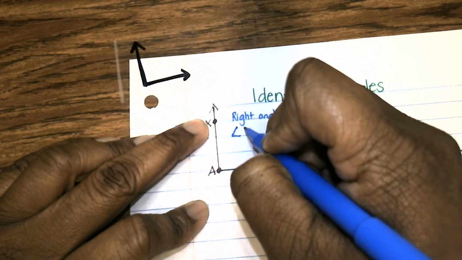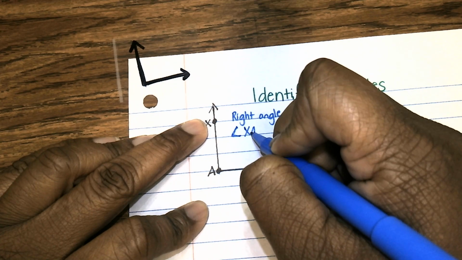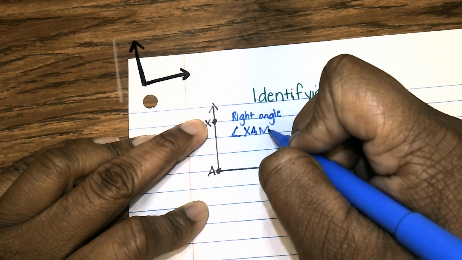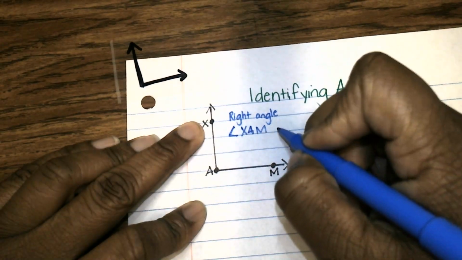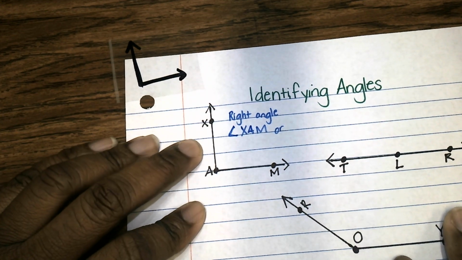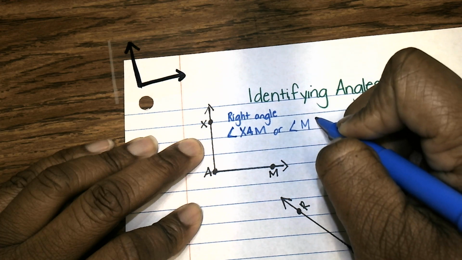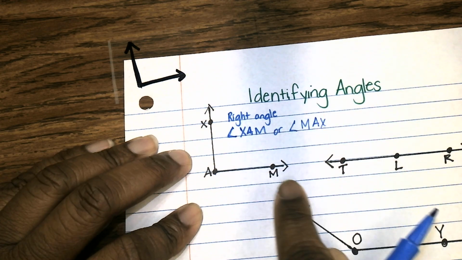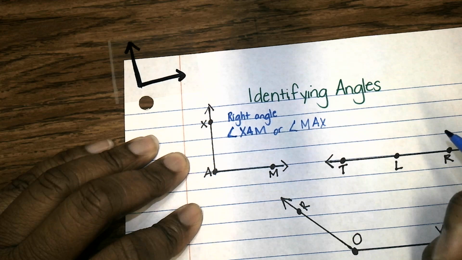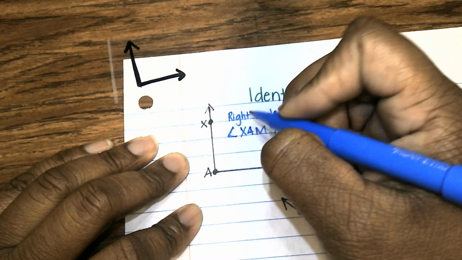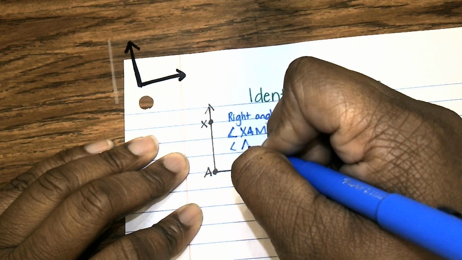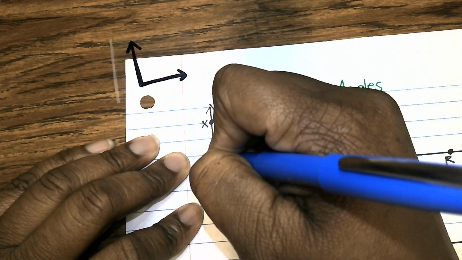And we would go X, A, M, or it could also be angle M, A, X, or it could simply be angle A, which is here, and it would look like that.